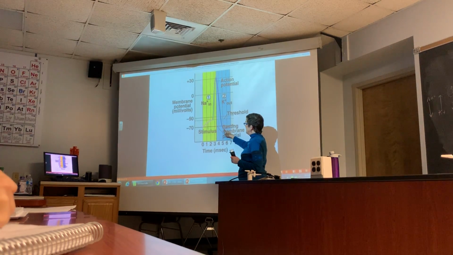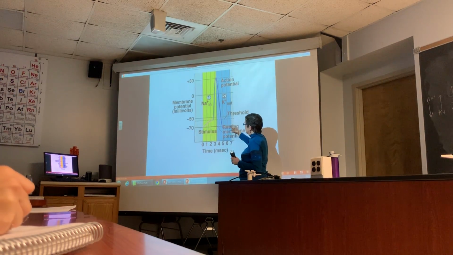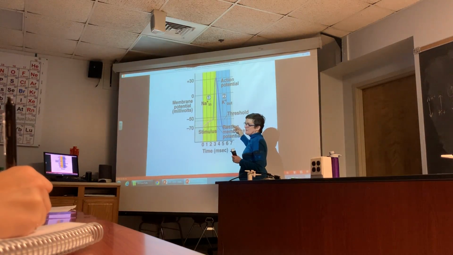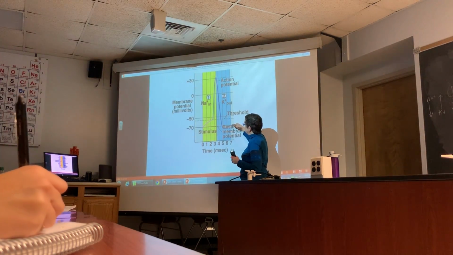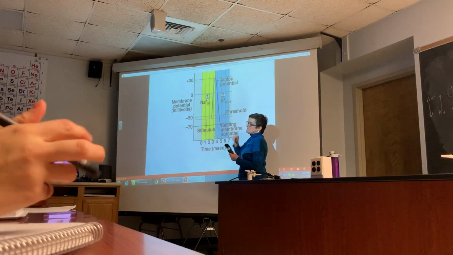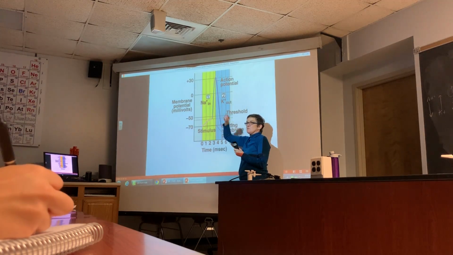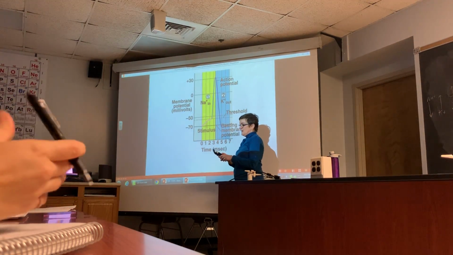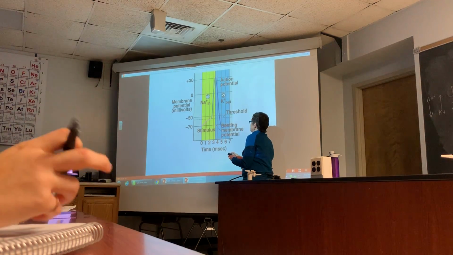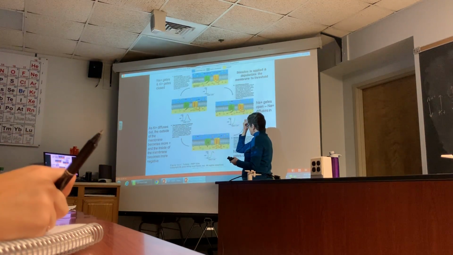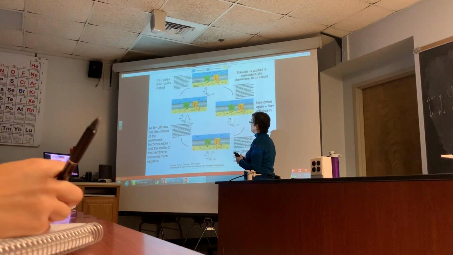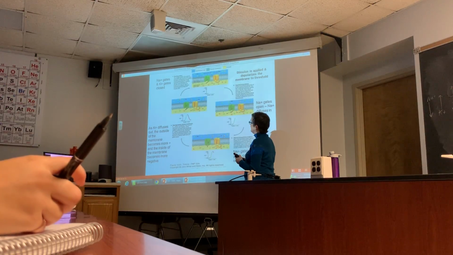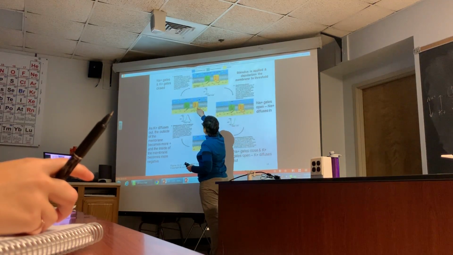Sometimes it goes a little bit lower, but it gets reestablished by the sodium-potassium pump and it's back to normal. That's potassium flowing out and taking those positive charges with it. This happens until you hit about -70 again, and then the potassium gate closes.